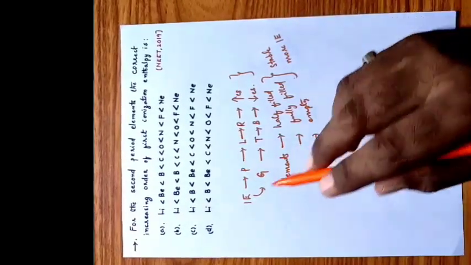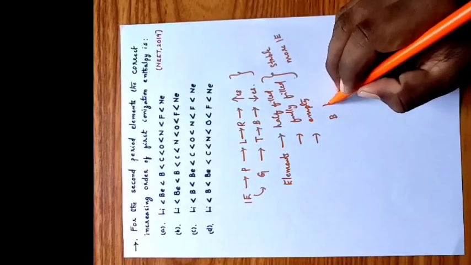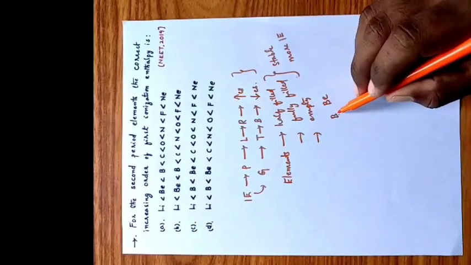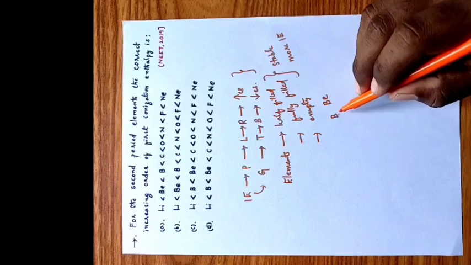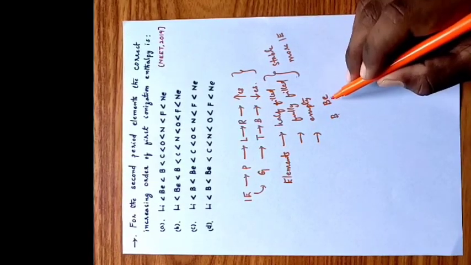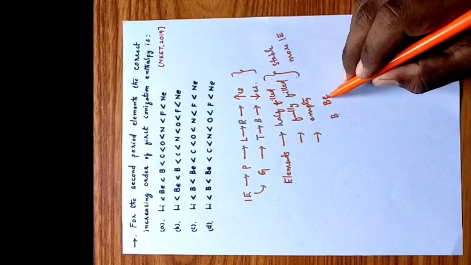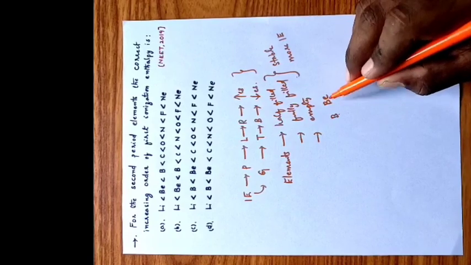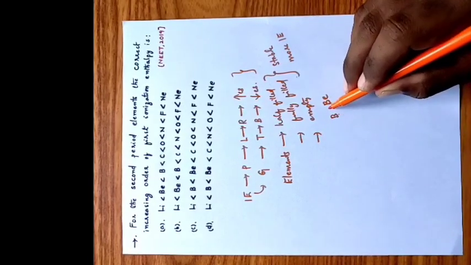So now when we compare boron and beryllium, generally we can expect boron will have high ionization enthalpy, but in practice beryllium has high ionization enthalpy. This is due to the s valence shell being completely filled in beryllium when compared with boron.